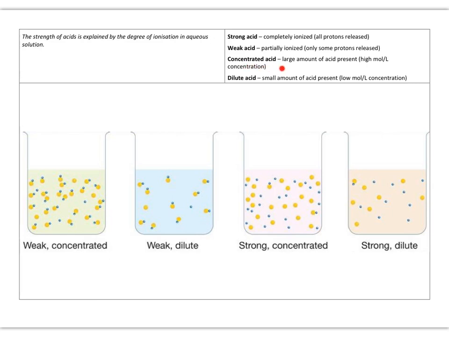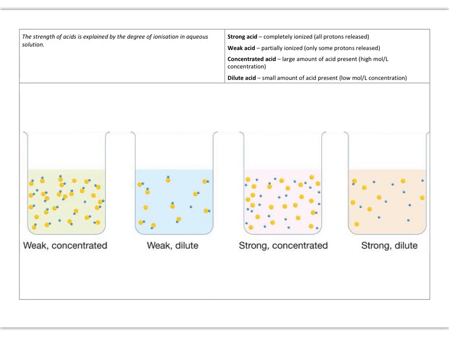A concentrated acid contains a large amount of acid, a high mole per litre concentration, now that we've done concentration units. Dilute acid only contains a small amount of acid, a low mole per litre. All of what I'm going to say here applies almost equally to bases, but we're only going to deal with acids. That's all that's covered in the subject outline.